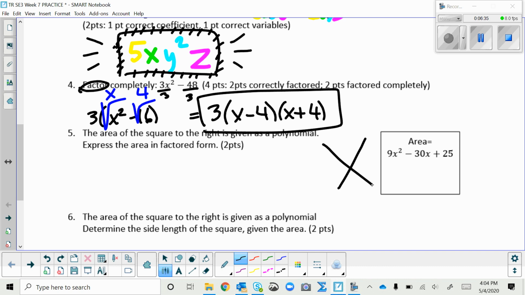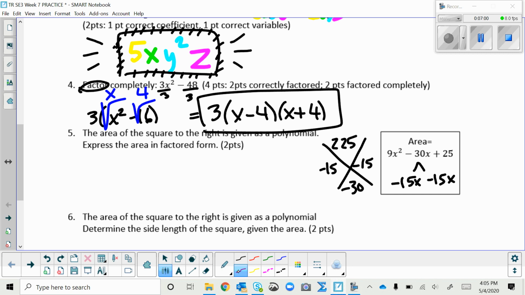Well, AC is 9 times 25, which is 225. What multiplies to AC and adds to B? B is negative 30. And that is negative 15 and negative 15. So we're going to take the negative 30x and rewrite it as negative 15x and negative 15x.